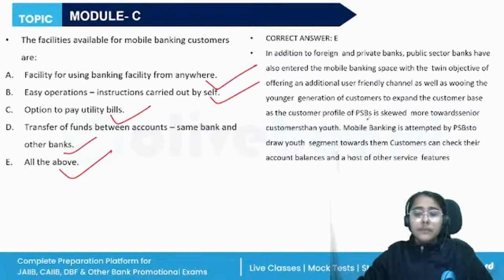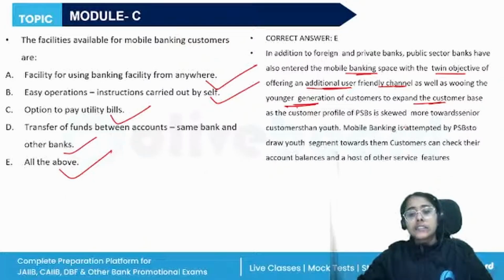All of the above. Mobile banking has entered the public sector banks as well, with the twin objective of offering an additional user-friendly channel, also attracting the younger generation customers to expand their customer base. Earlier, the public sector bank's customer profile was more skewed towards the senior customers than the youth. But now they're also trying to draw the youth segment towards them, right?